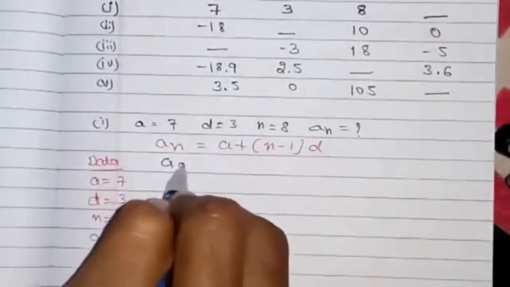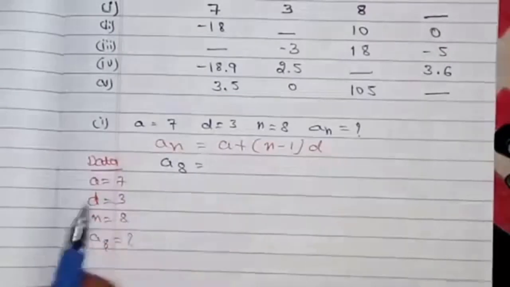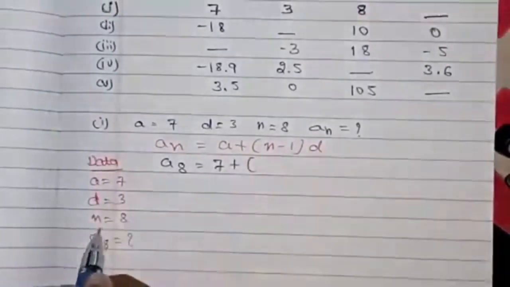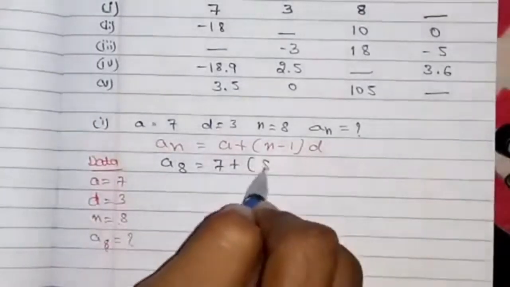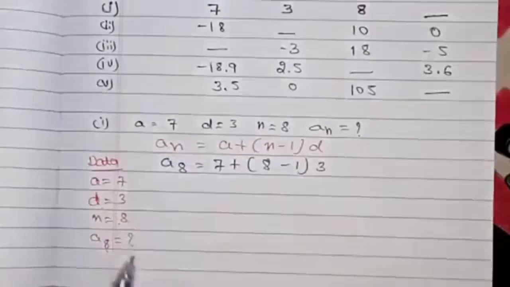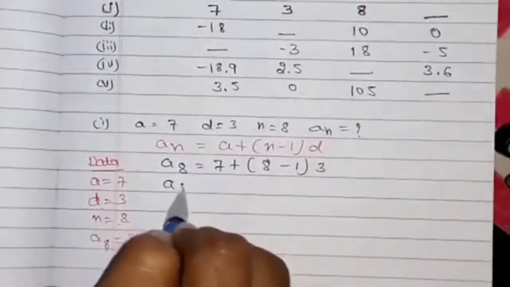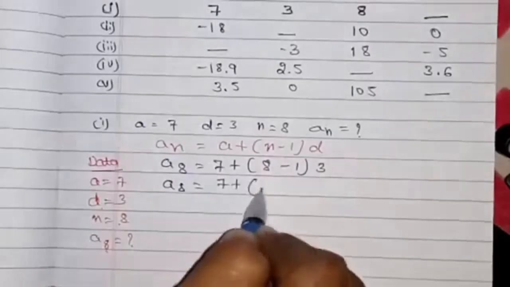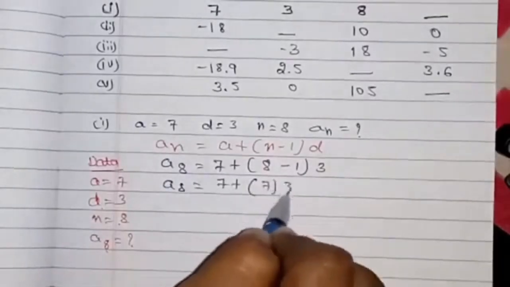So a8 is equal to a, which is 7, plus n minus 1, where n is 8, into d, the common difference, which is 3. Now simplify this. a8 equals 7 plus 8 minus 1, which is 7, into 3.